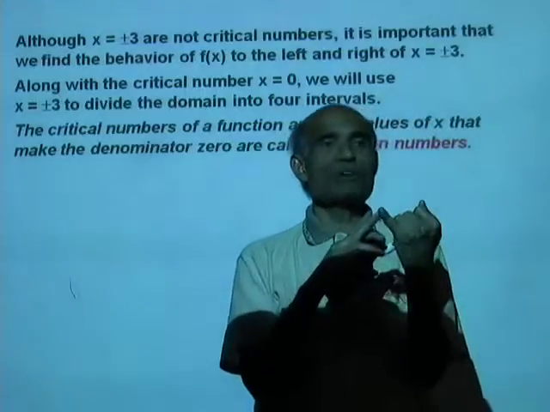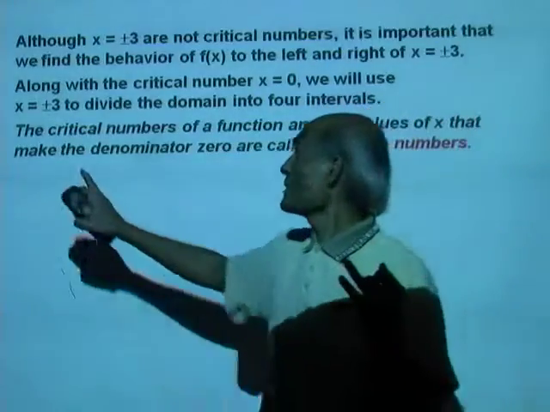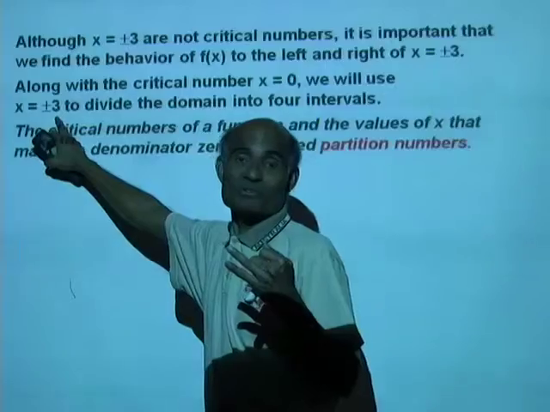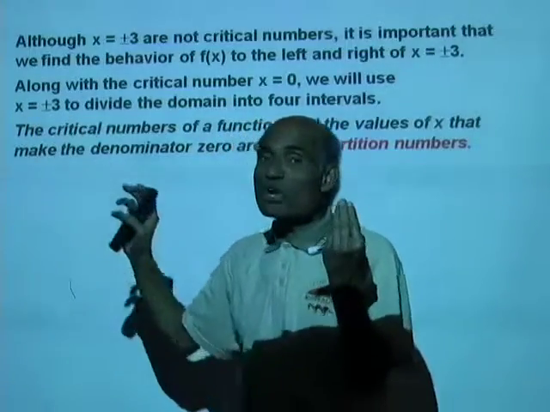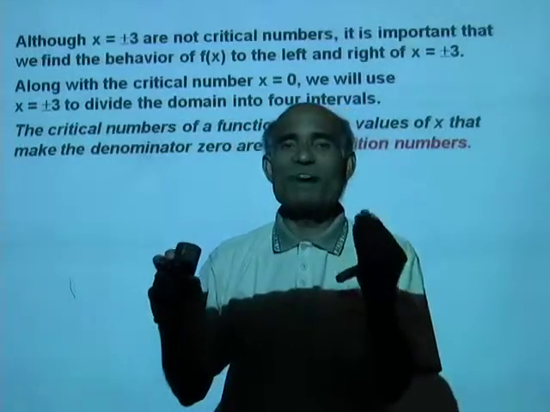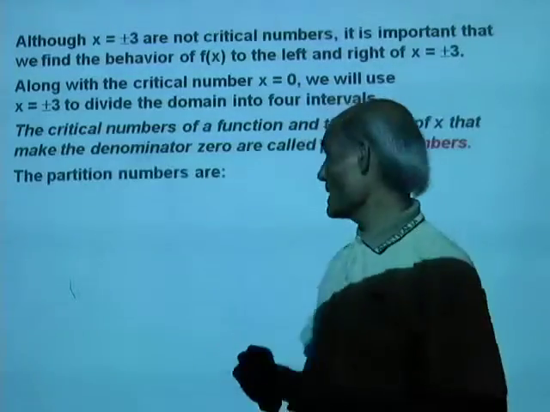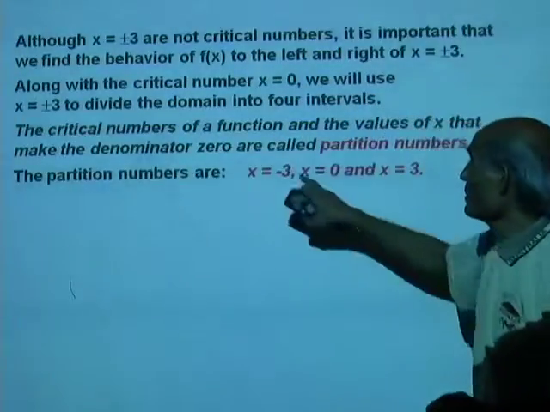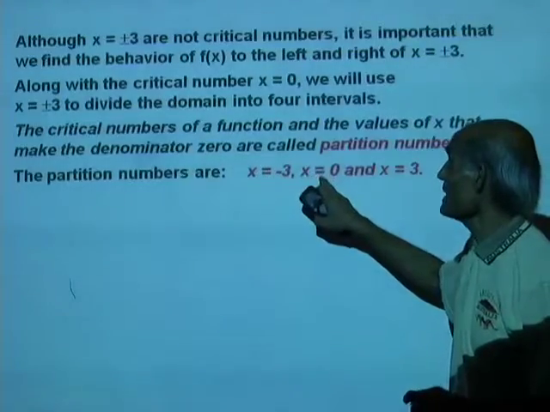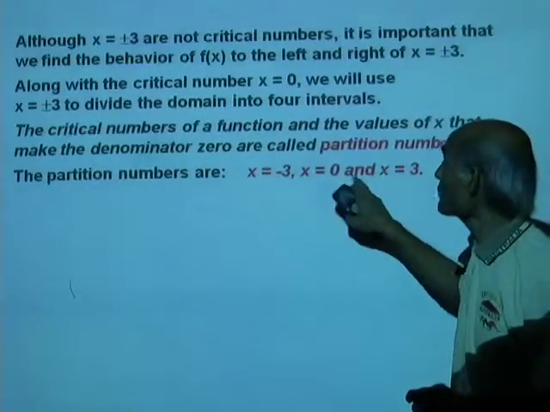Now tell me, we got one critical number and 2 partition numbers. So how many intervals are we going to divide the domain into? Alright, look at that again now. We got x equals negative 3, x equals 0, and x equals 3.